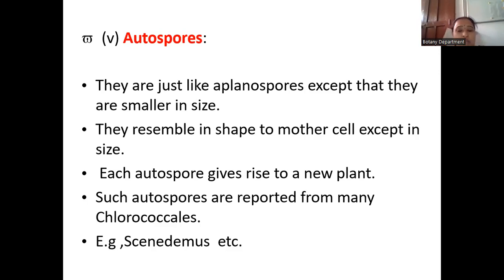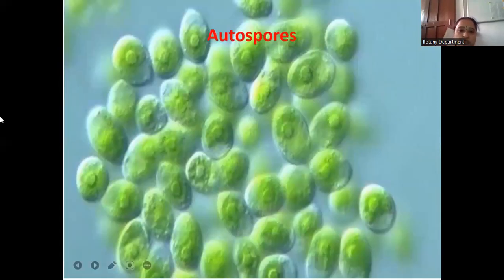Autospores give rise to a new algal plant. Autospores reproduce in many Chlorococcales, Chlamydomonas, and Chlorophyceae members. The best examples are Scenedesmus and Volvox. Both are the best examples of autospores.